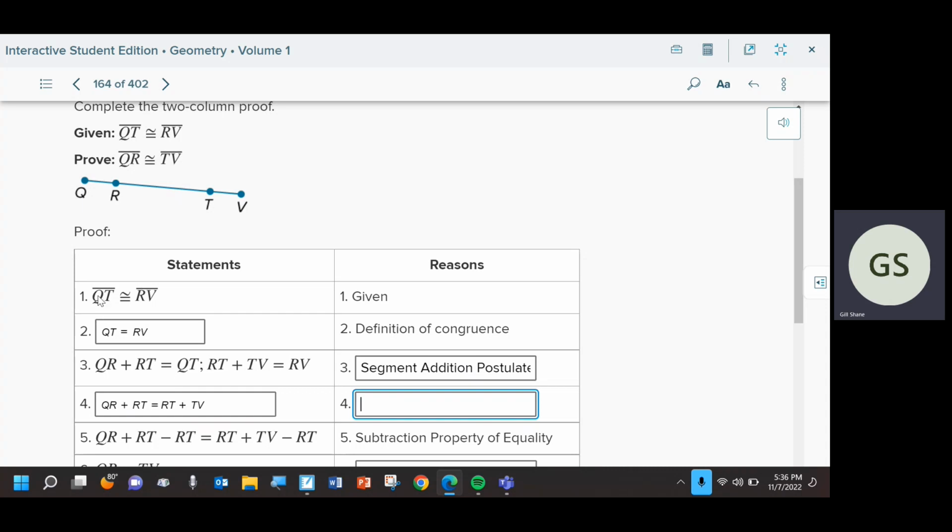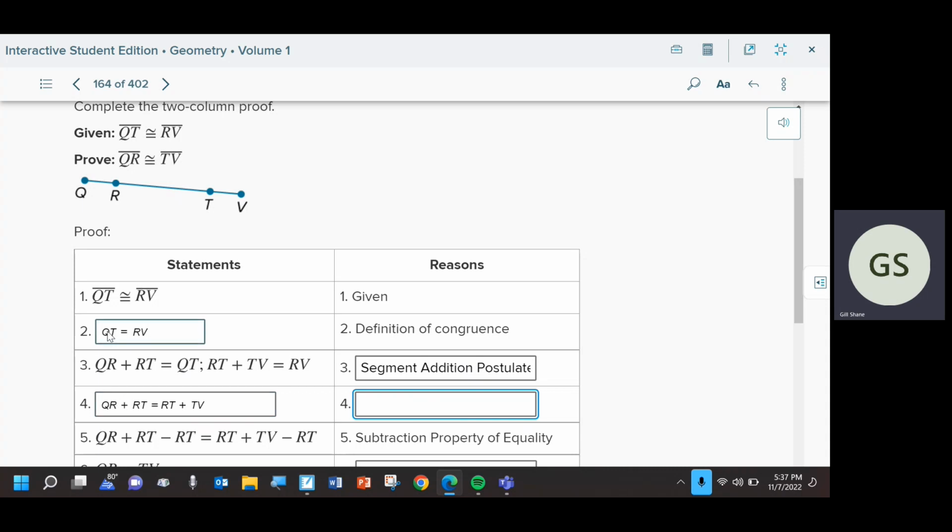Well, I know up here that QT is congruent to RV, or I could say QT equals RV. So I could kind of substitute in some things maybe for QT or for RV. Down here, I know QT equals this, and I know RV equals this. So let's see, does that make sense? If I substituted in this right here, QR plus RT, for QT, that would make sense.